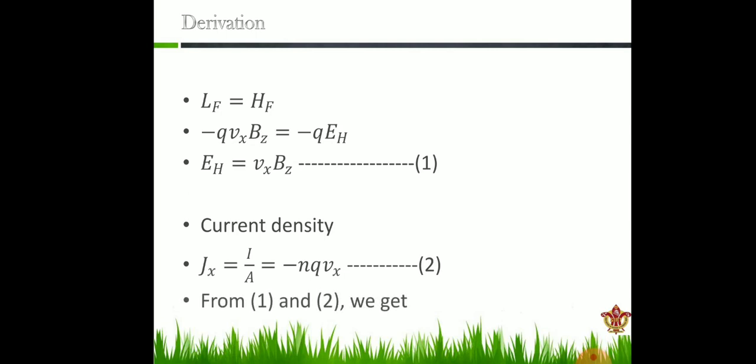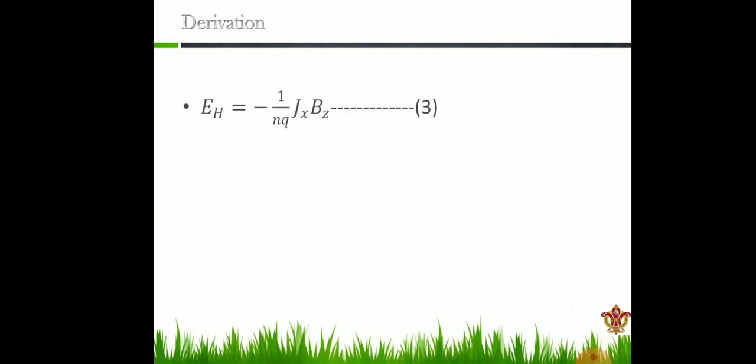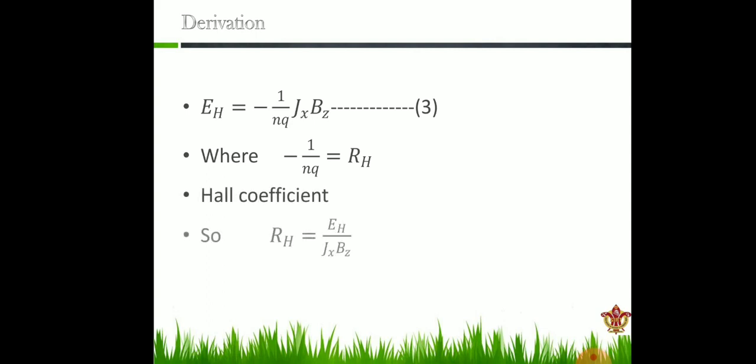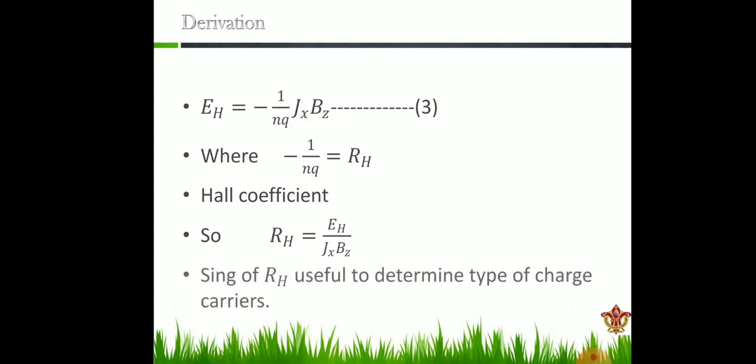So we get the value of EH equal to minus 1 by NQ Jx into Bz. Here the value of minus 1 by NQ is equal to RH. It is called the Hall coefficient because by this value we can determine the type of charge carriers, and it is a coefficient because the value of 1 by NQ is always constant for the particular type of material we are using, this particular specimen.